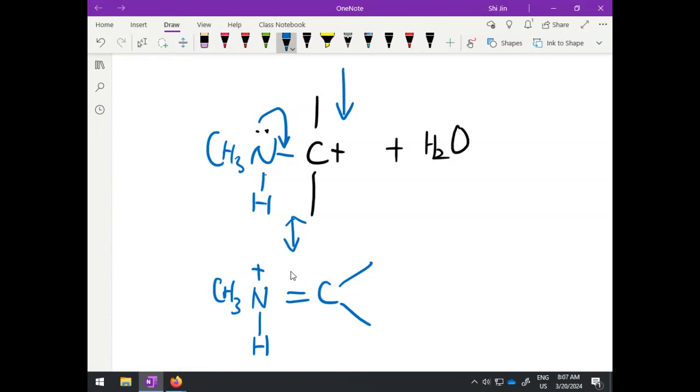Typically you see nitrogen, oxygen, fluorine can carry a lone pair, right? Out of those, nitrogen is the least electronegative, so it has the strongest desire to give out its lone pair. That makes this type of carbocation extraordinarily stable. It's significantly more stable than the kind of carbocation we have seen earlier.